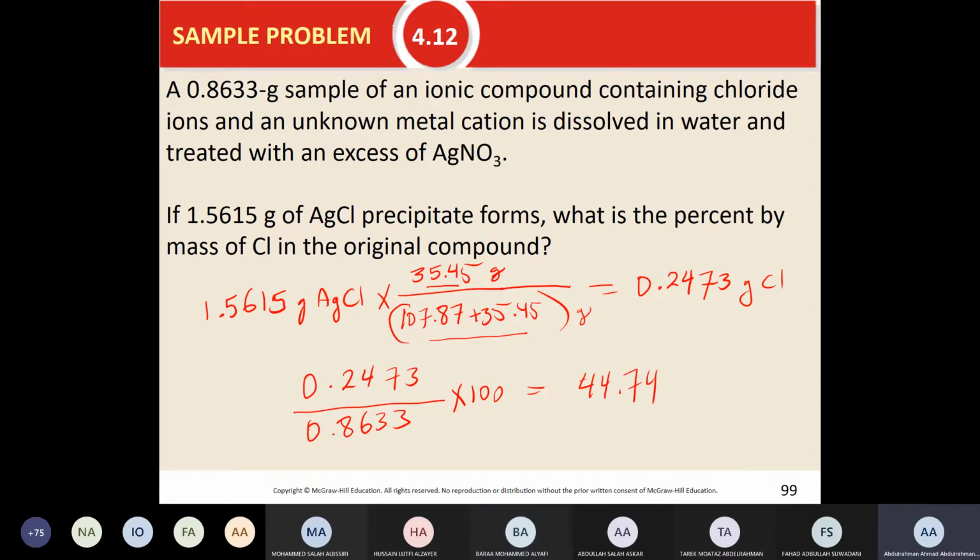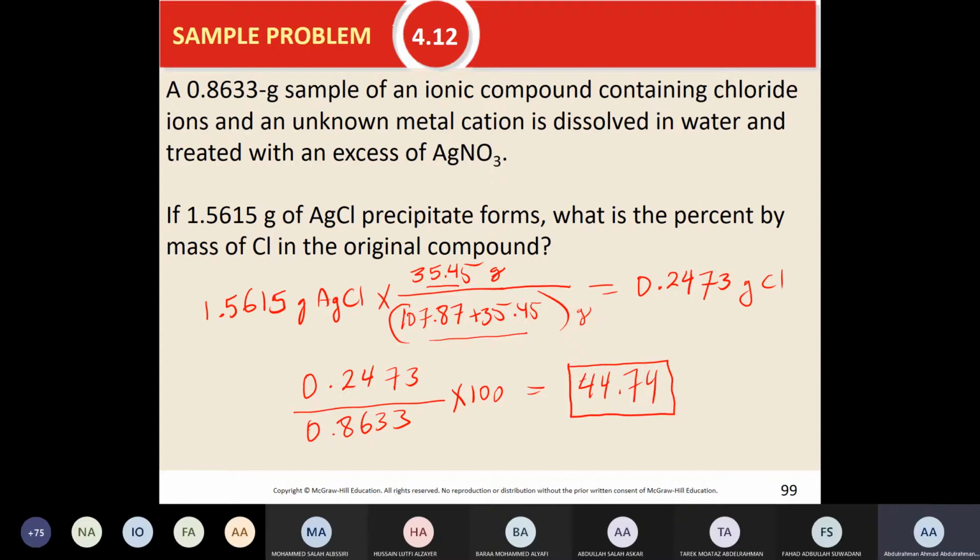Then all I want you to do is write this number without any percentage or any other calculations or units. That's how we're going to do the quizzes, always like this.